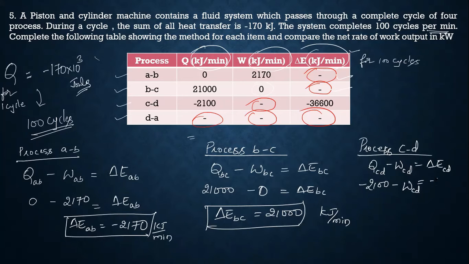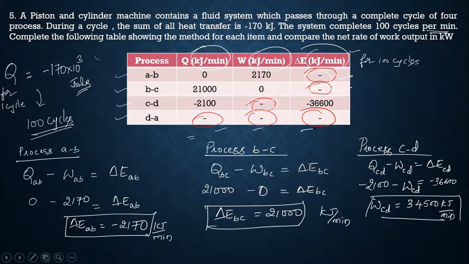Delta E CD is minus 36,600. Therefore, W CD you get as 34,500 kilojoules per minute. Now you found these three. Next, in B to A, all the things are unknown. That is the task for us now.